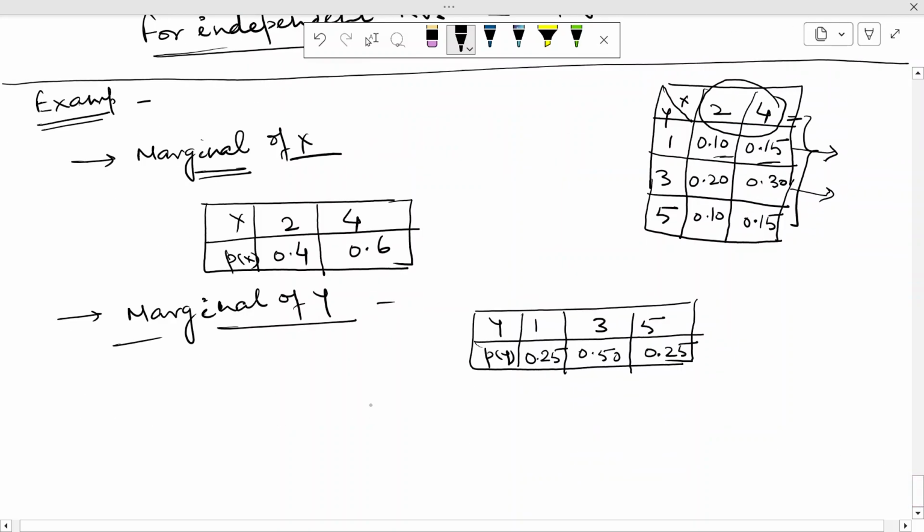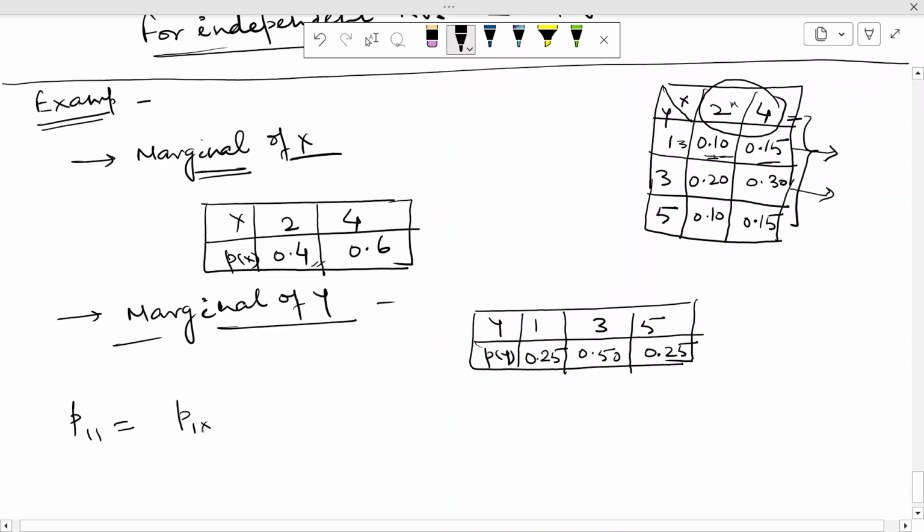So now we have to take the product. When you are here in the first cell, for this particular cell we are having x equals 2 and y equals 1. So for x equals 2, the marginal is 0.4. Okay, so this is the first value, which is P11.